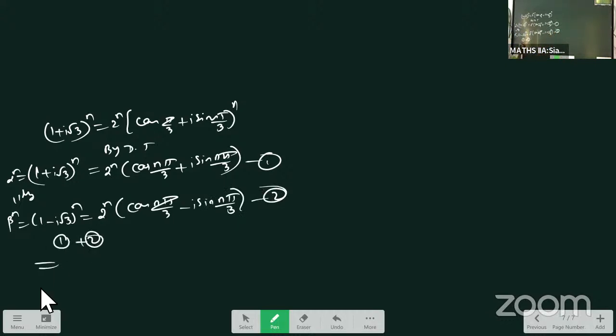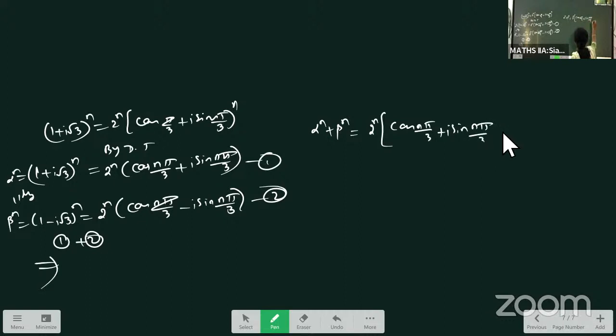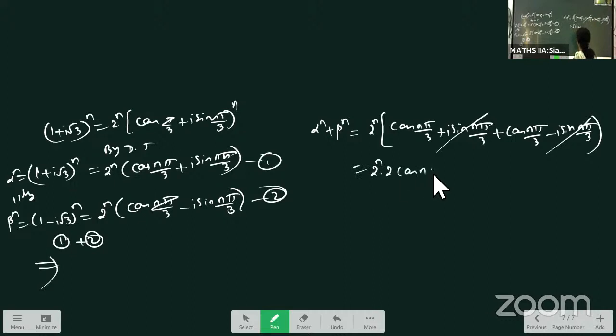So alpha power n plus beta power n is equal to, taking 2 power n common, cos n pi by 3 plus i sin n pi by 3 plus cos n pi by 3 minus i sin n pi by 3. The i sin terms cancel. So 2 power n into cos n pi by 3 plus cos n pi by 3, which is 2 cos n pi by 3. So that is 2 to the power n plus 1 into cos n pi by 3.